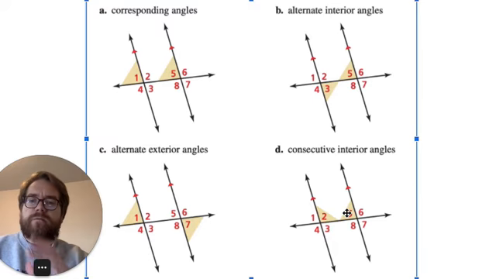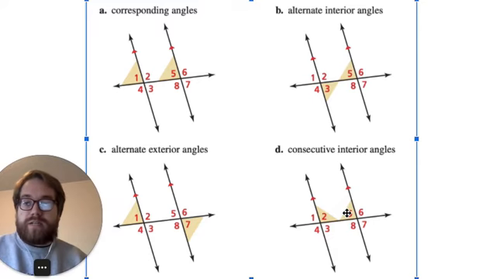So those are the four angle relationship types we've looked at, and now we're identifying that when we have two parallel lines cut by a transversal, we know a little bit more about those angles. And this is particularly for parallel lines cut by a transversal. If it's just two lines that are not parallel, then we don't know for sure exactly what their measurements are.